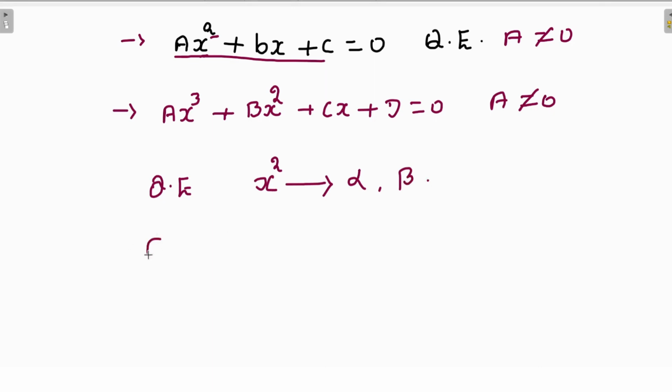Same thing in a cubic equation: x to the power of 3 means we will get 3 roots, that is alpha, beta and gamma. The process is the same as how we solve a quadratic equation, with a small change.